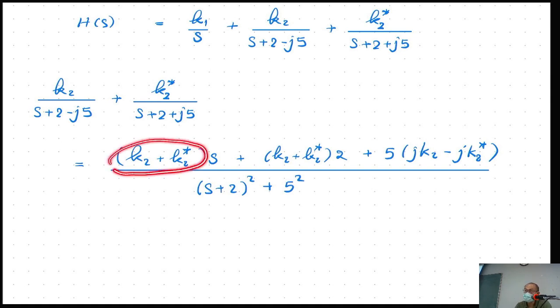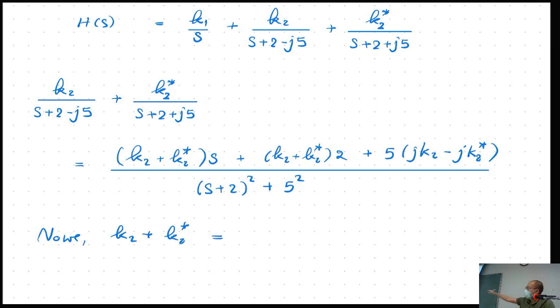If you add two complex conjugates together, what are you going to get? So now K2 plus K2 star, what is it?